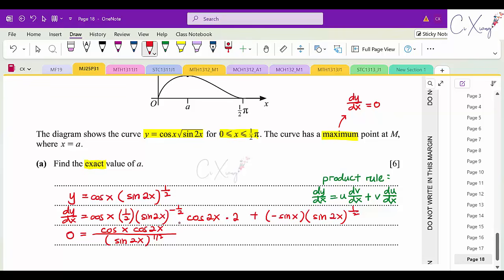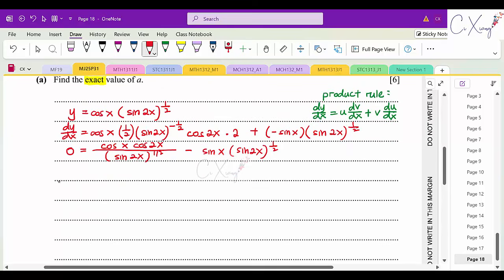Then minus the term at the back, which is sin x times (sin 2x) to the power half. Now I try to solve this equation, and I need to group all the x to one side. Before that, I let dy/dx go to 0, then I try to solve them slowly. Okay, I bring this part to the left first.